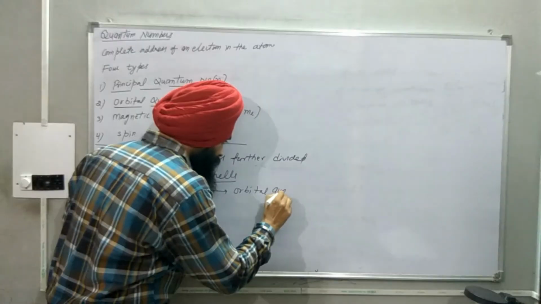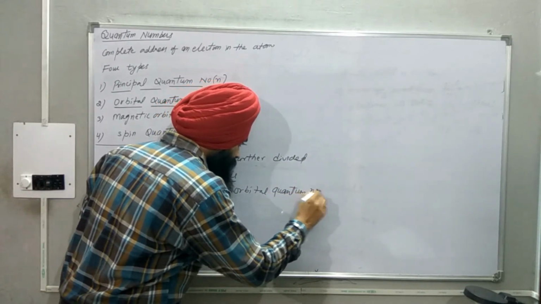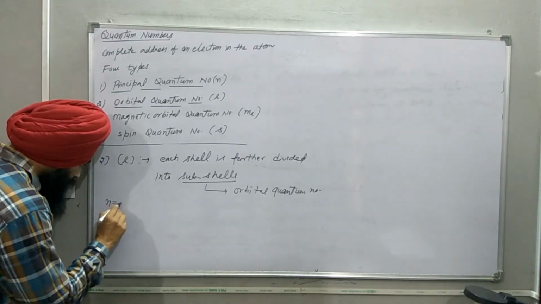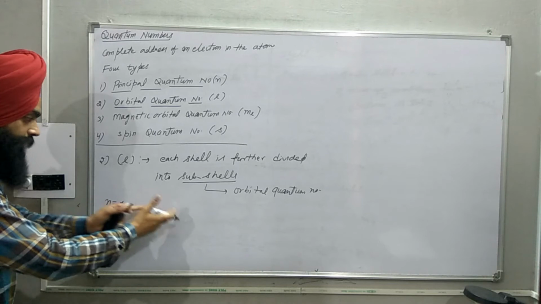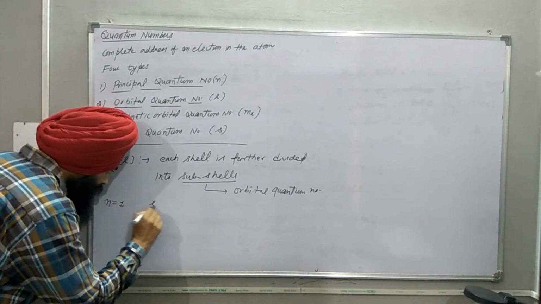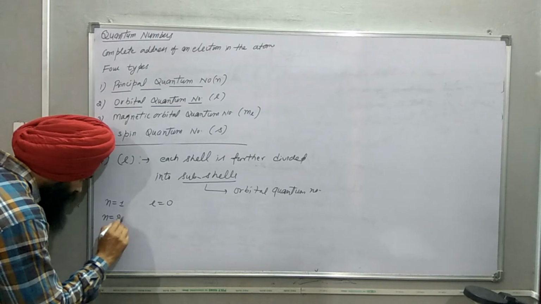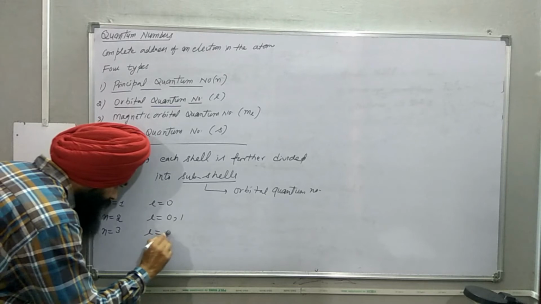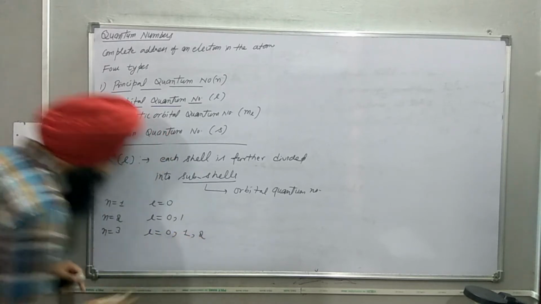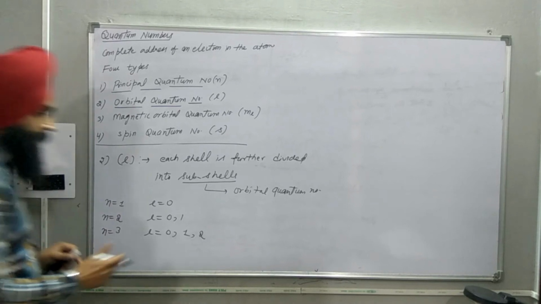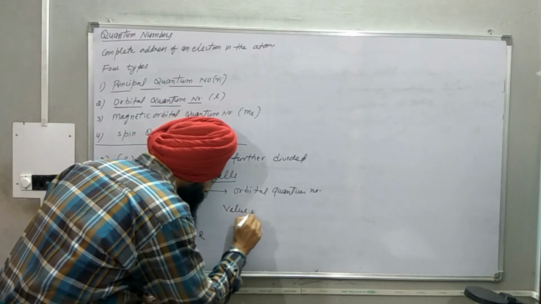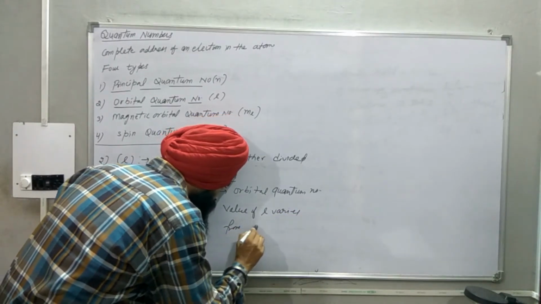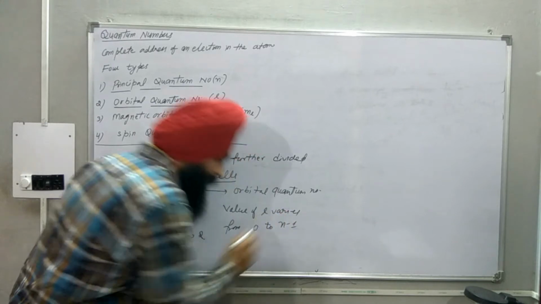orbital quantum number. Let us suppose we have n is equal to 1, and for n is equal to 1 the value of l is 0. For n is equal to 2, value of l is 0, 1. For n is equal to 3, value of l is 0, 1, 2. From these three examples, we have value of l varies from 0 to n minus 1.